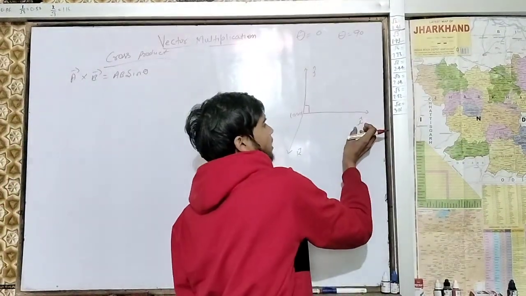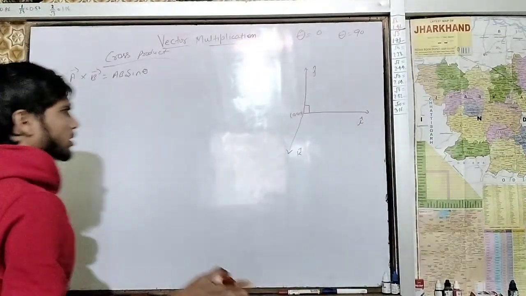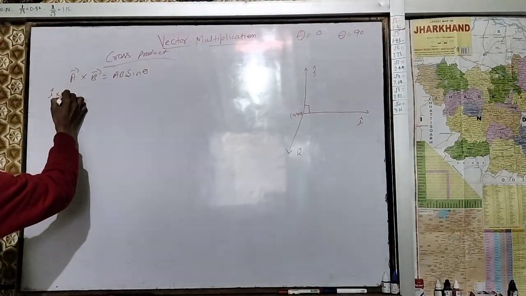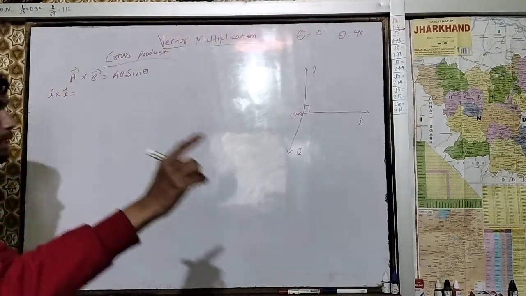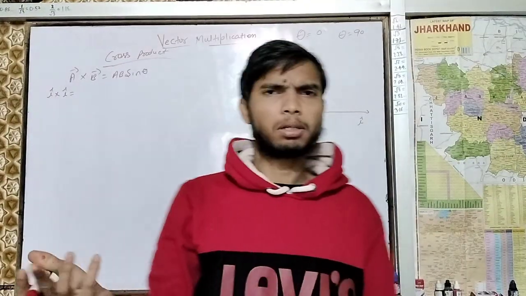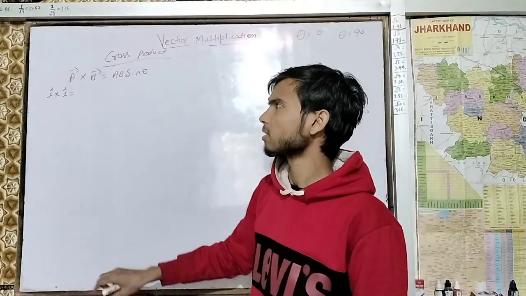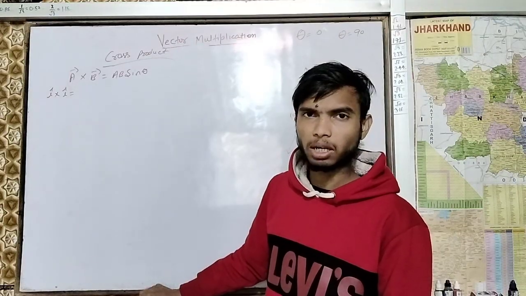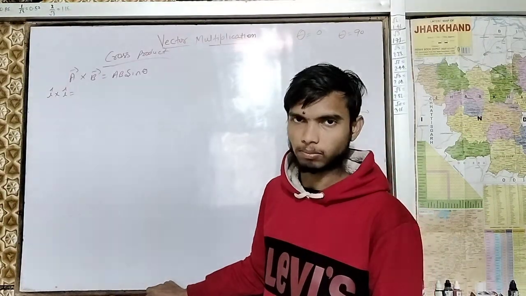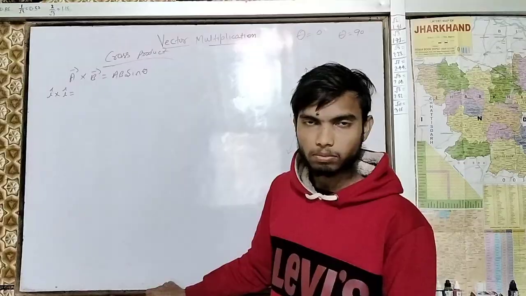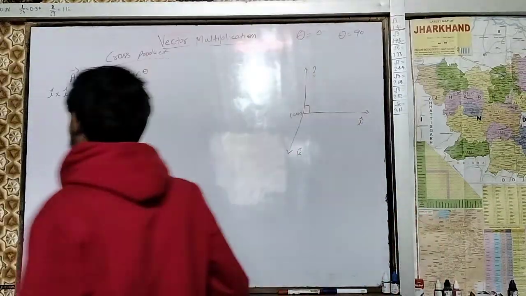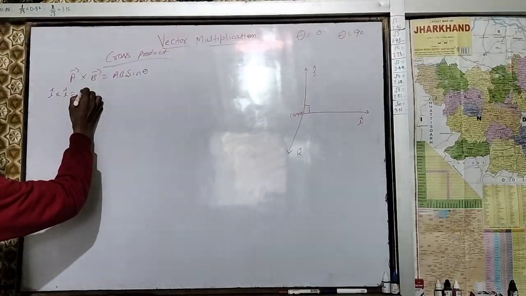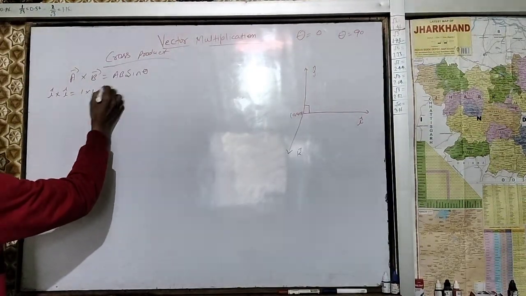Now first of all let's take the same vector two times. This i cap cross again i cap, and theta of course automatically we are getting is 0 degree. Both are along a line. That's why the rotation is 0 degree. So the magnitude of this first vector is 1, again 1.